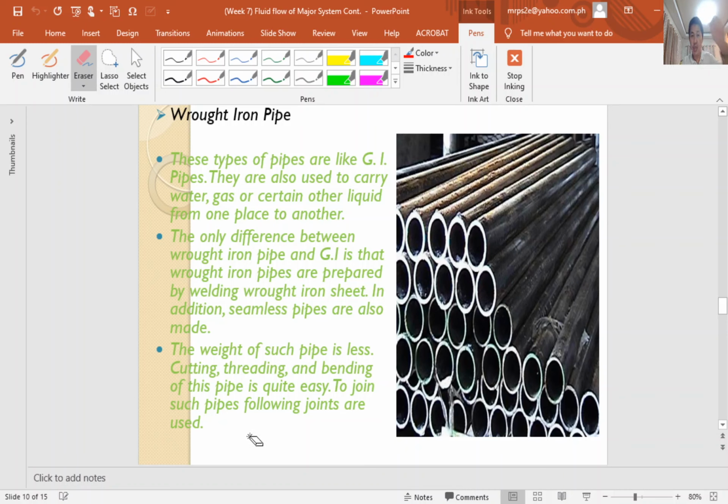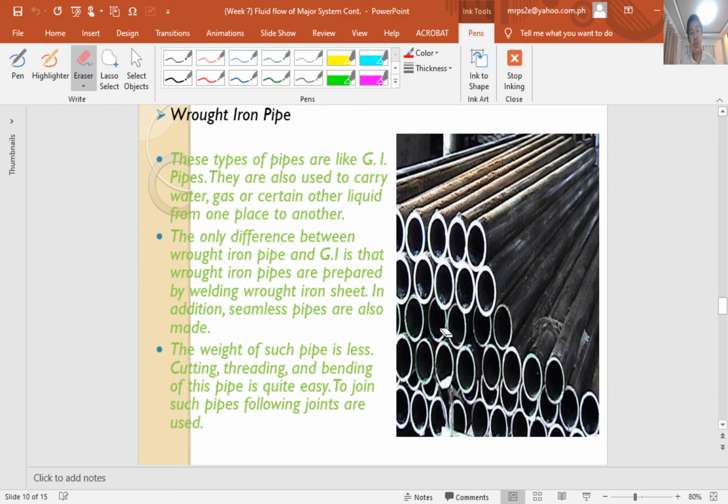When you join this type of pipe, it is most likely joined by welding.